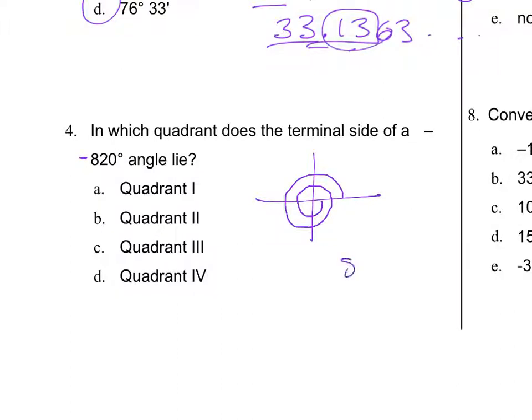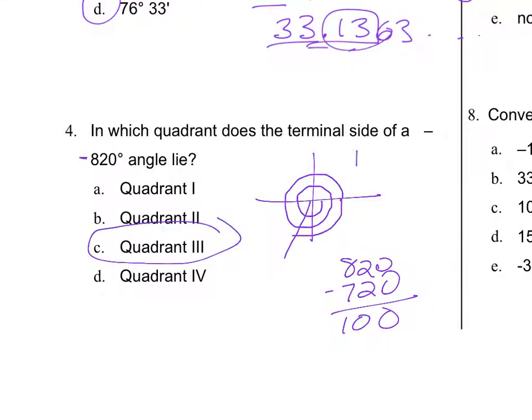So if I take 820 and subtract 720, I'm going to get 100. Well, 90 is the axis, so 100 is going to get me a little further. So this is in the third quadrant. Remember, our quadrants are 1, 2, 3, and 4.